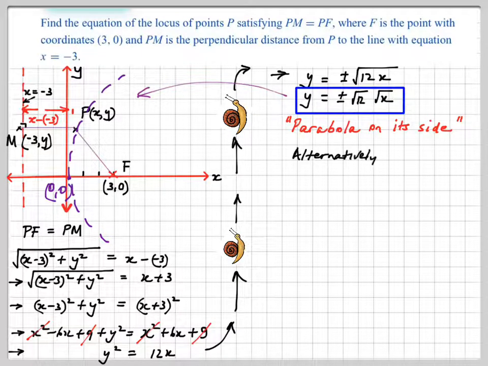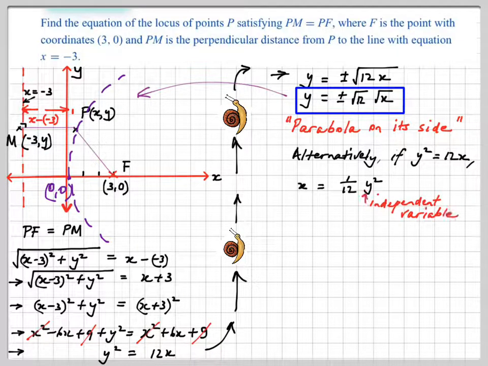So, alternatively, what I could say is this. Look, guys, this is really interesting. If y squared equals 12x, what about if I said x is 1/12 of y squared? And what if I decided to make y the independent variable, and x becomes the one that is dependent on it?